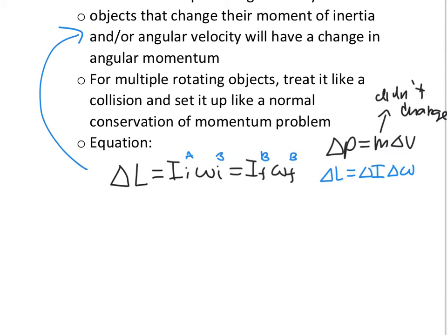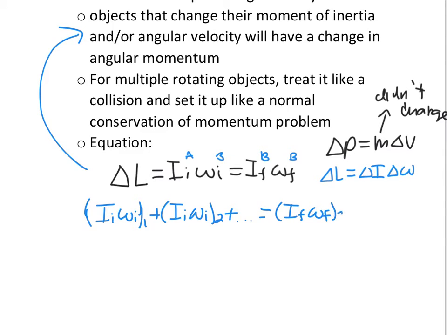If you're dealing with multiple rotating objects and you have a collision, then you would say I initial omega initial for object 1 plus I initial omega initial for object 2, plus however many objects you have, equals I final omega final for object 1 plus I final omega final for object 2, plus it keeps on going.